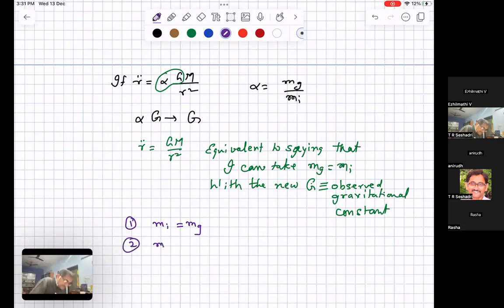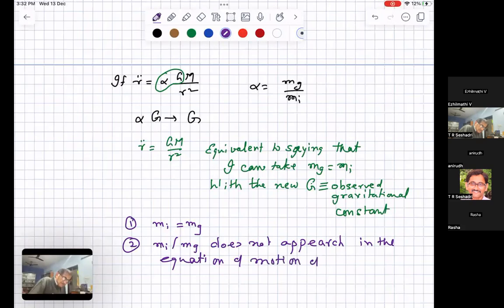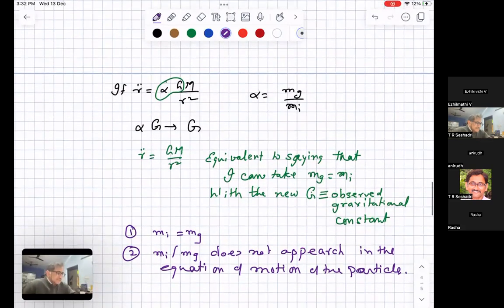And mi or mg does not appear in the equation of motion of the particle. This is the main pillar about which general relativity is built. If inertial and gravitational mass were different, then we would not have this privilege.